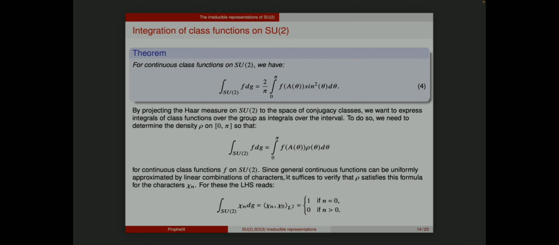So in particular, it suffices to verify that the density rho, or well, we don't know which rho this is, but we're going to determine this from this condition, that this formula here holds for the characters. So we don't need arbitrary f, we only need f to be a character of an irreducible representation. Yeah, and for the irreducible representations, we know that they are orthogonal by Schur's lemma, if you wish, or this can be seen easily.